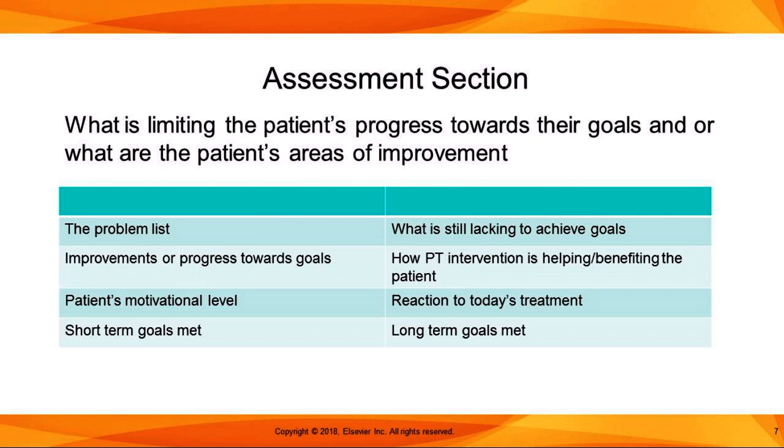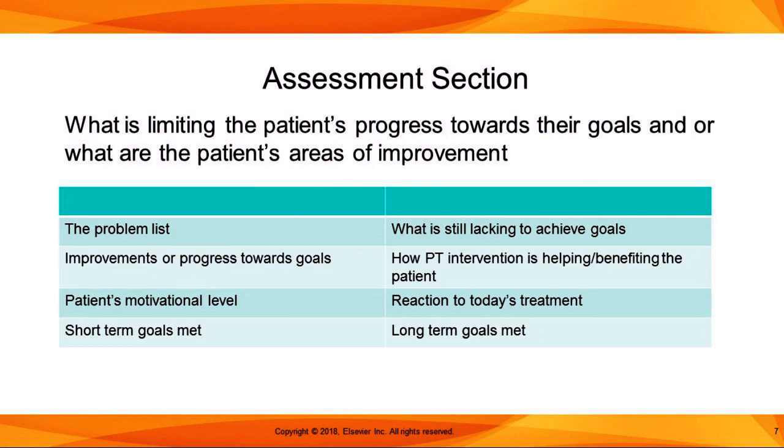Or you could say, patient reports return to a certain activity without pain, or something like that. Or patient has met the goal of being able to walk 250 feet to the dining room in their assisted living without assistance, something like that. So how is this helping the patient? The reaction to today's treatment.